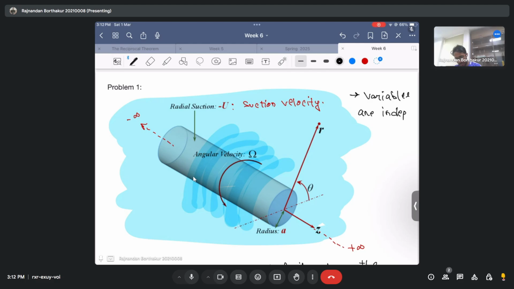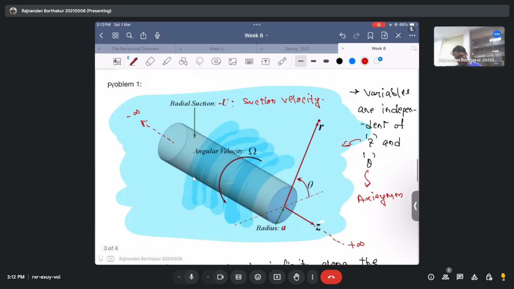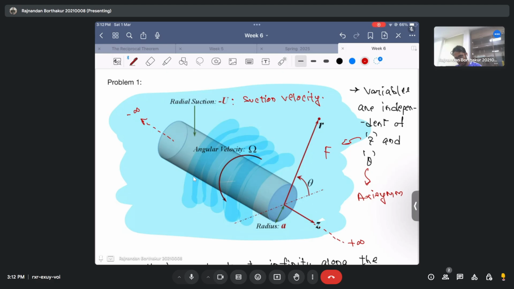independent of z. And independent of theta, because my problem is axisymmetric, and this is like the fully developed condition.